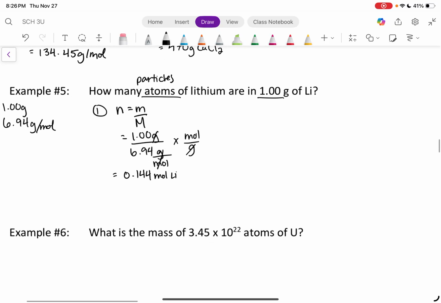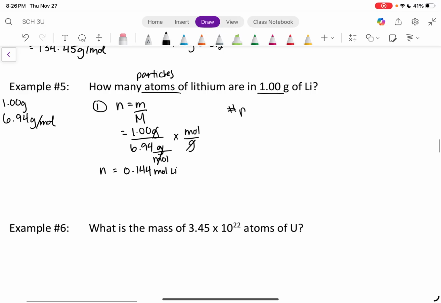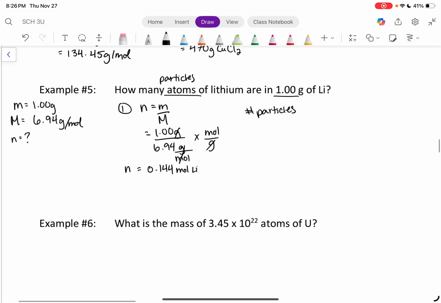Now that I know how many moles I have, which is my N value, I can solve for my number of particles, right? Because I also know that Avogadro's number is 6.02 times 10 to the 23 particles per mole.